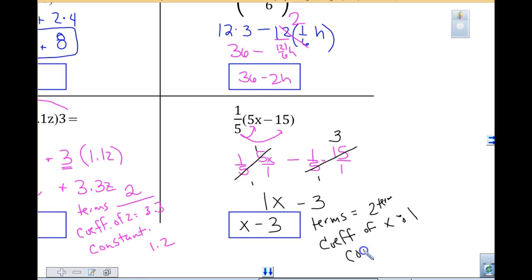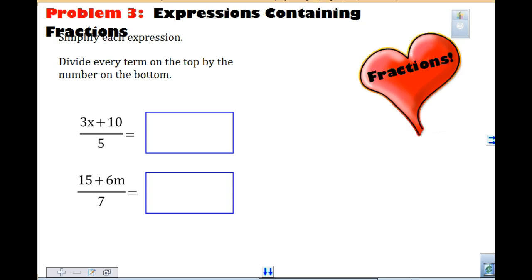If I wanted to get the constant term, Emily, should be 3. Really close. Not 3, but it should be, Kylie, -3. And that's always kind of tricky, okay? So make sure you're realizing those.